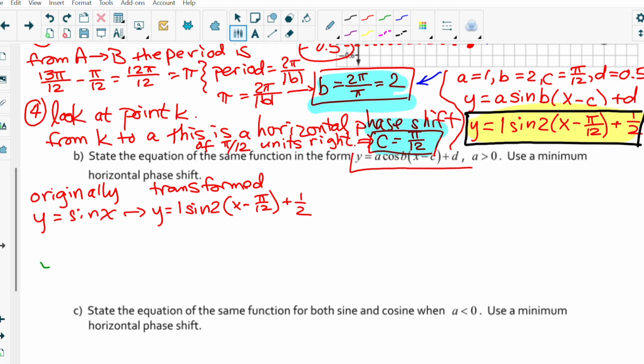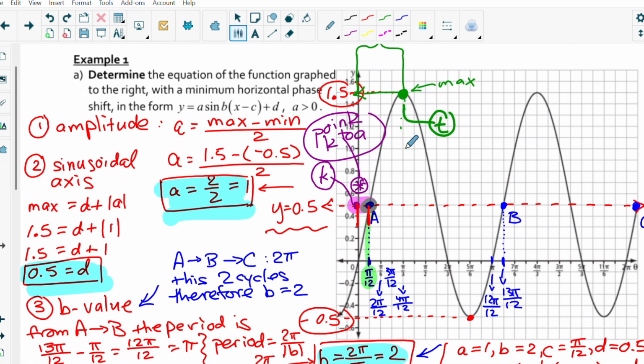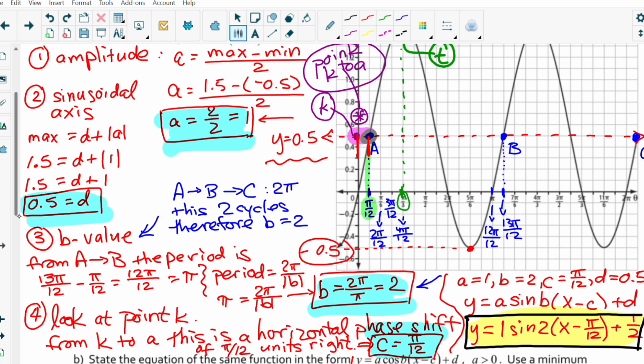Point T was moved how many units from the y-axis, from the 0 point? That's exactly pi over 3 units. If you imagine the cosine function was like this, and then it's moved pi over 3 units that way.